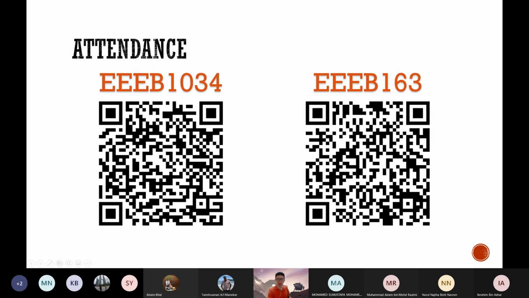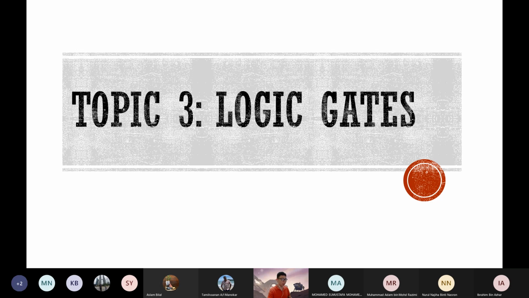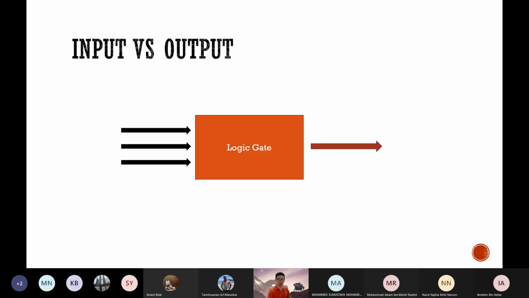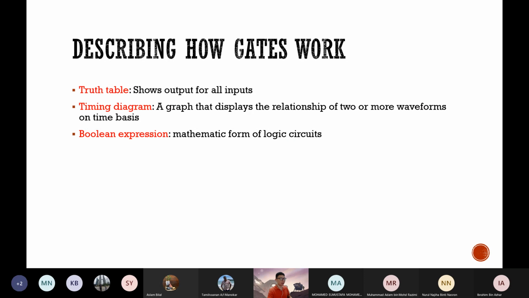This week, throughout the last class, we covered this topic, logic gates. It's a relatively fun, simple and easy topic because it's something you may already be familiar with. We covered simple things about Boolean logic, and block diagrams: how to read logic gate block diagrams, what the input is, what the output is. We also covered 3 important elements in this topic: truth table, timing diagram, and Boolean expression.